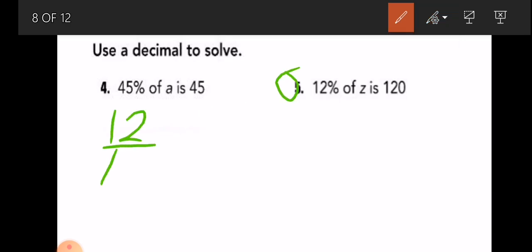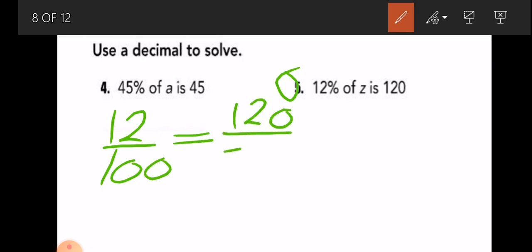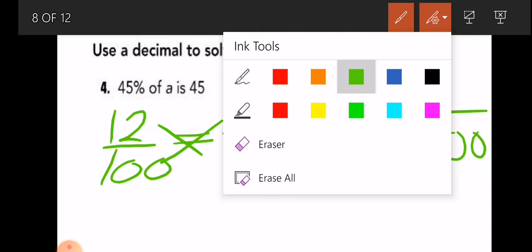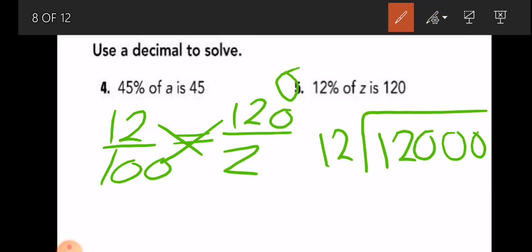12% means 12 over 100, yes, equals the part over the total. Cross multiplication. So I will have here 12,000 divided by 12. 12 divided by 12 is 1. 12 subtract 0.